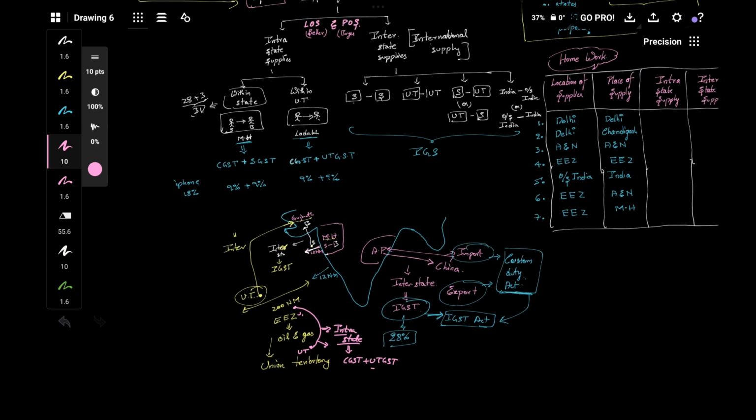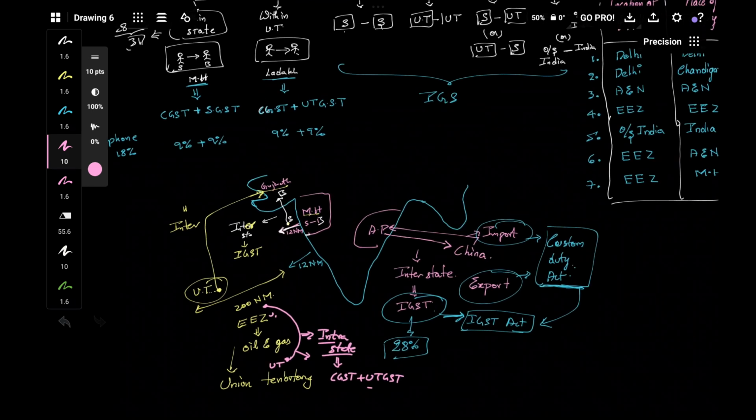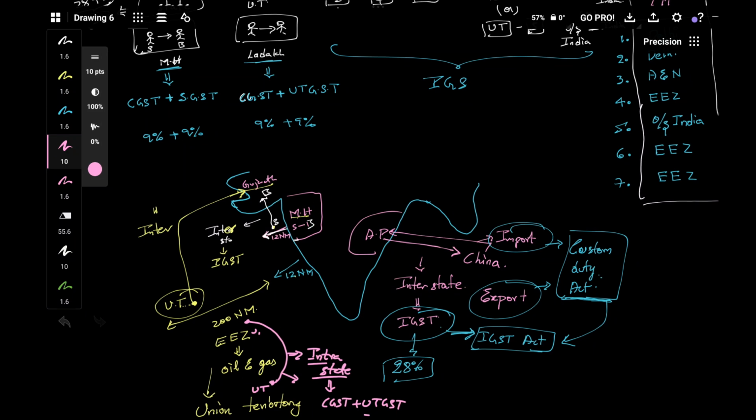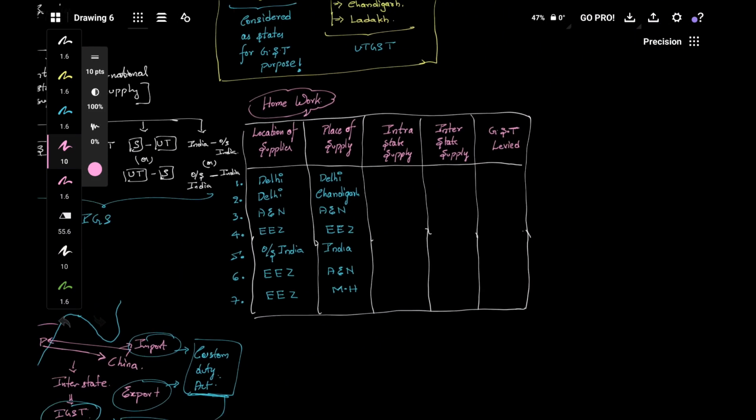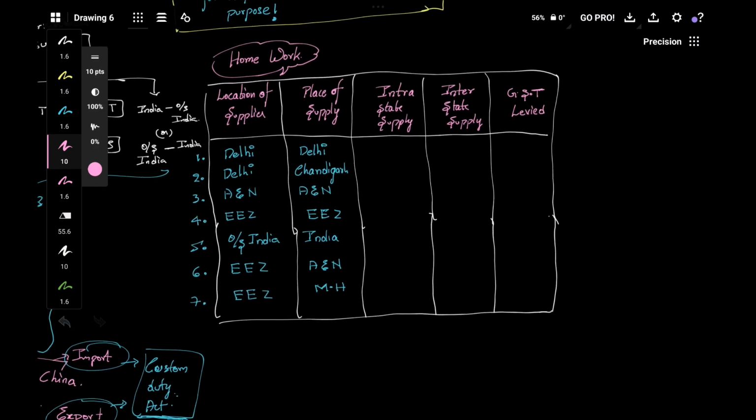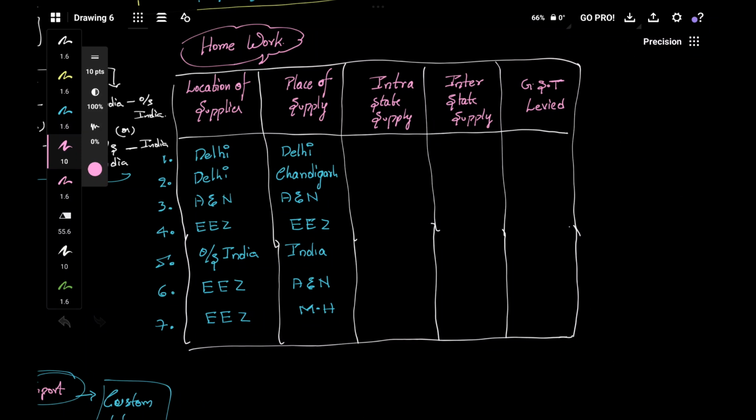Okay, I hope you guys got complete clarity on this. So I'll give some homework to you, and there is a Telegram group, and please do solve this example. Just mark whether it is interstate or not interstate, and the GST levied, such as CGST plus SGST.